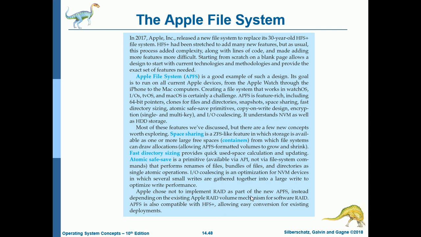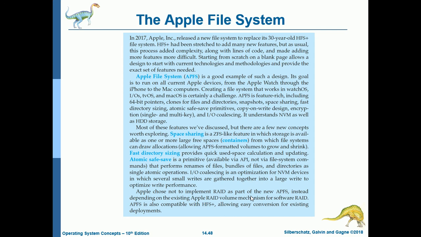APFS is feature-rich, including 64-bit pointers, clones for files and directories, snapshot, space sharing, fast directory sizing, atomic safe-save primitives, copy-on-write design, encryption that can be single and multi-key, and I/O coalescing. It understands NVMe as well as HDD storage. Most of these features we've discussed, but there are a few new concepts worth exploring.